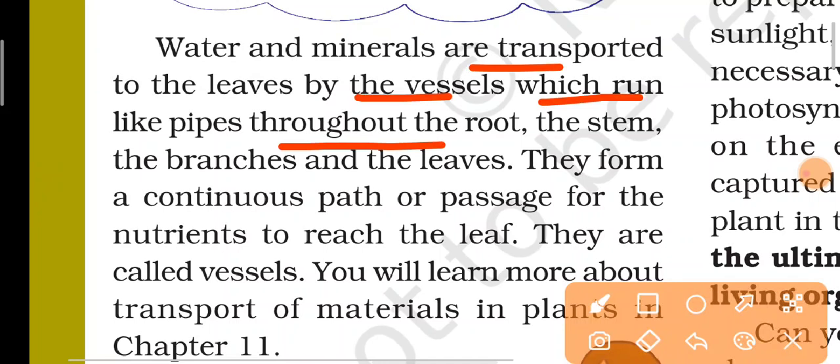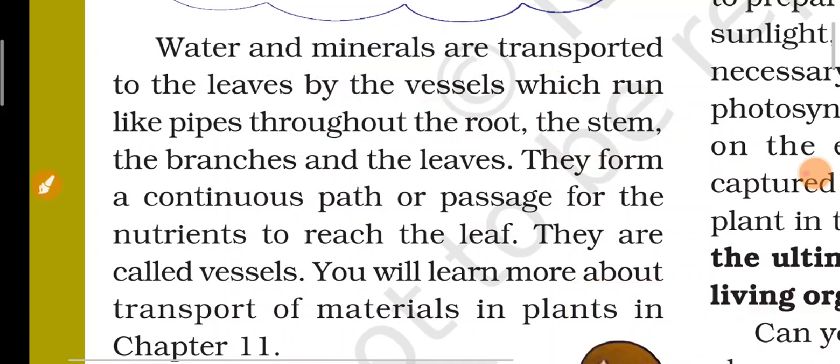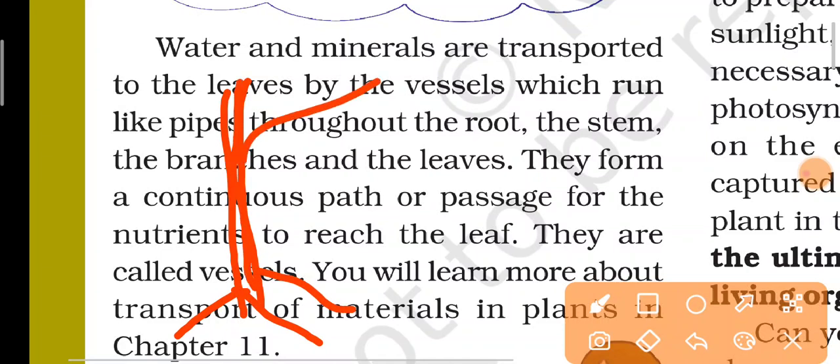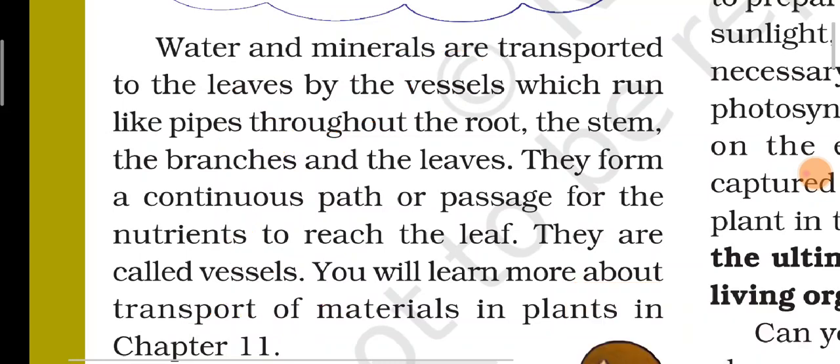So these water and minerals are transported to the leaves by the stem, and in the stem there will be vessels in the shape of pipes, and they run throughout the roots and the stem, through the branches, and they finally reach the leaf.